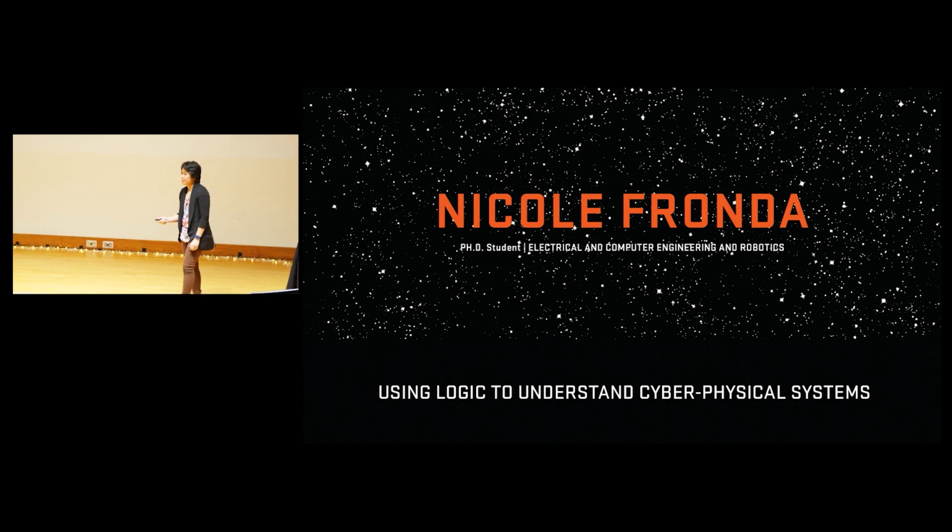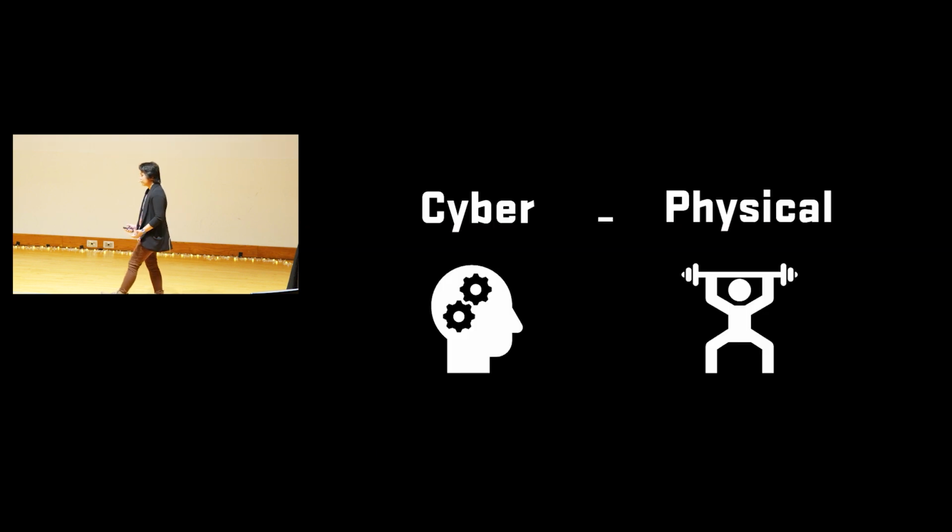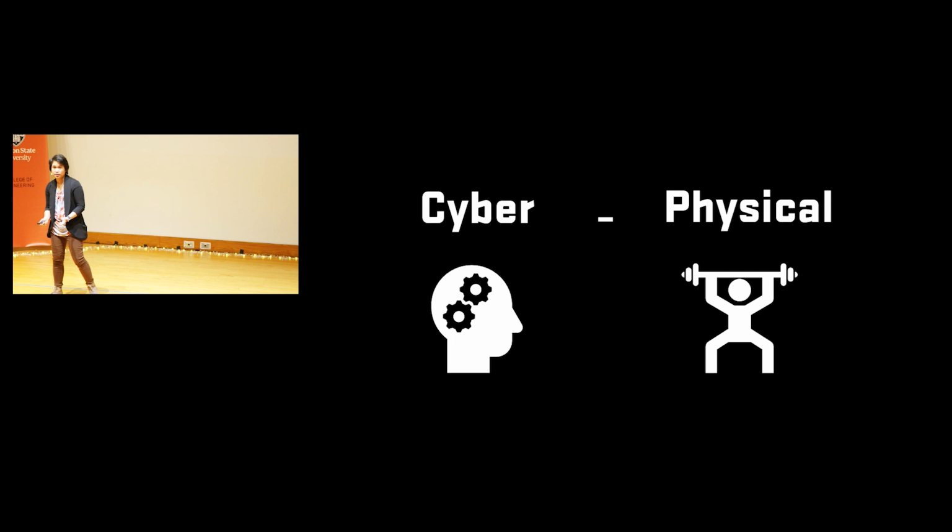As Alon mentioned, my name is Nicole Fronda, and today I will be telling you all about how we can use logic to understand cyber-physical systems and their behavior. By logic, I mean a mathematical language, and by cyber-physical systems, I mean systems that have these two components.